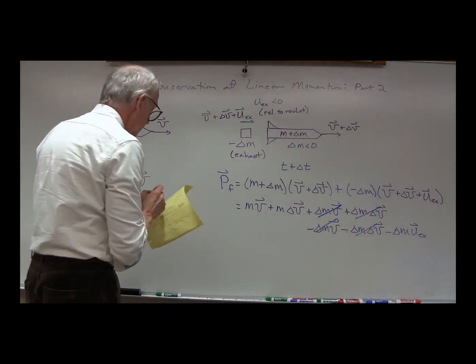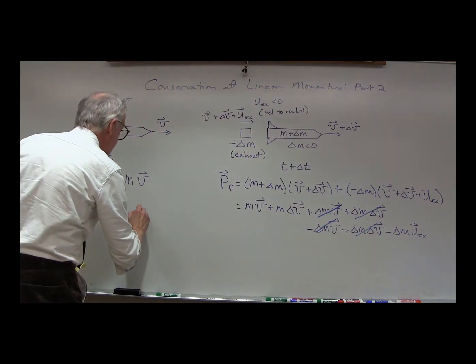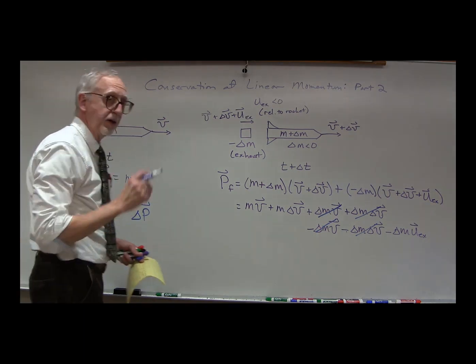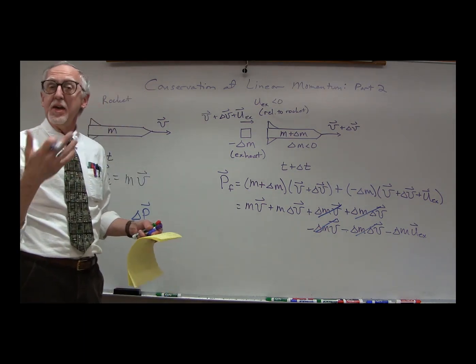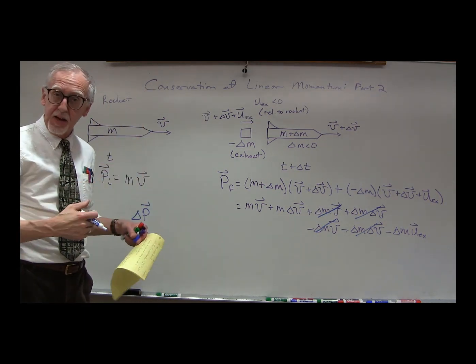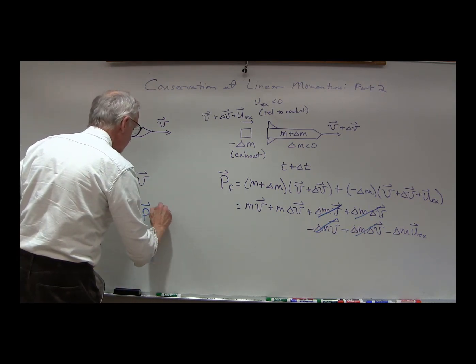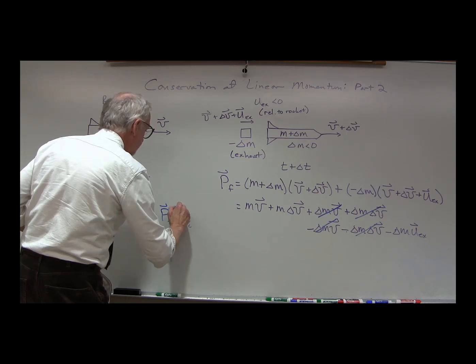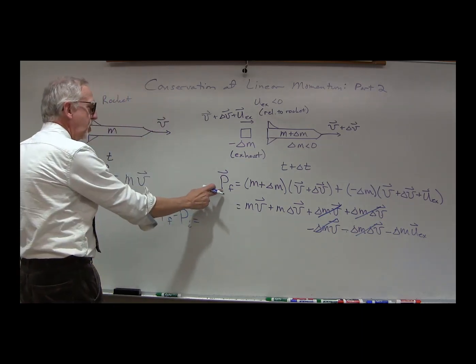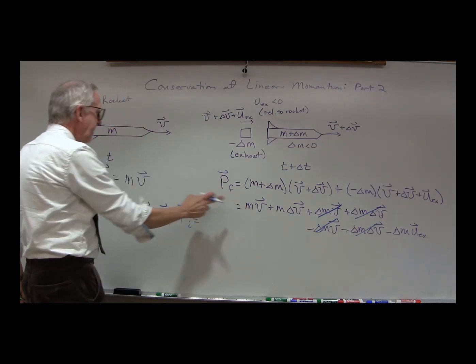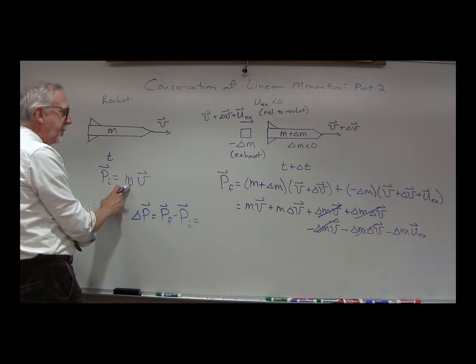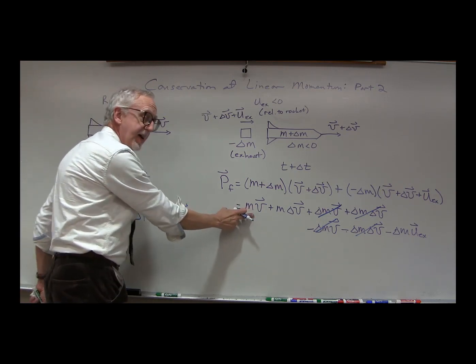Now, let's look at the change in the momentum, delta p. Remember, delta p is equal to the impulse, which depends on the external forces. So delta p, which is p final minus p initial, we take this result and subtract p initial, but p initial is mv, and that's going to cancel the mv here.